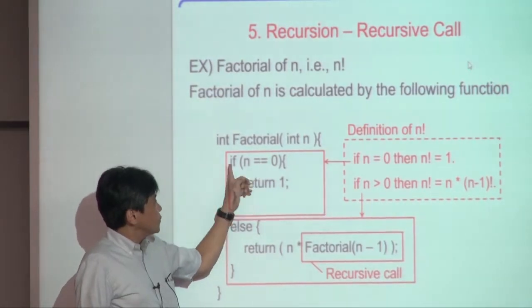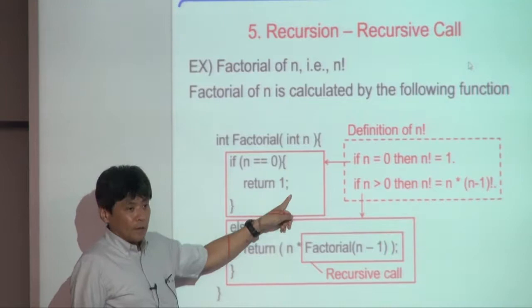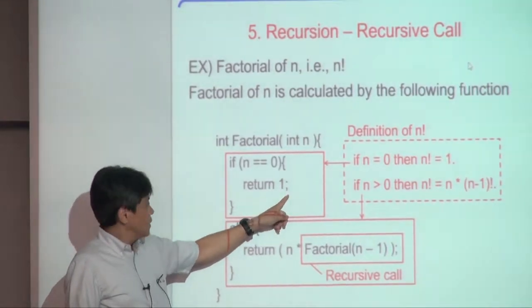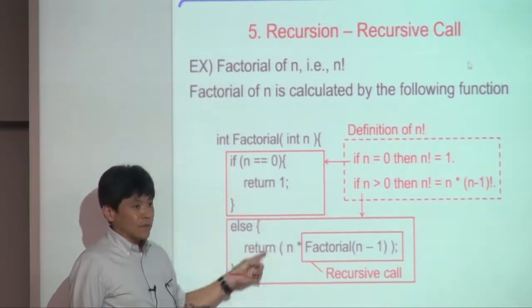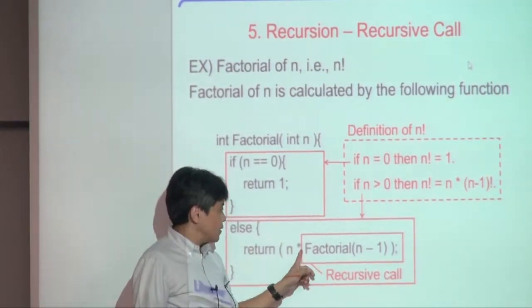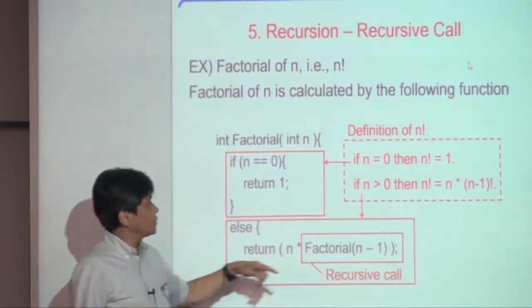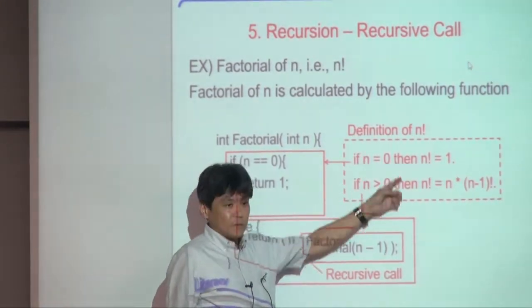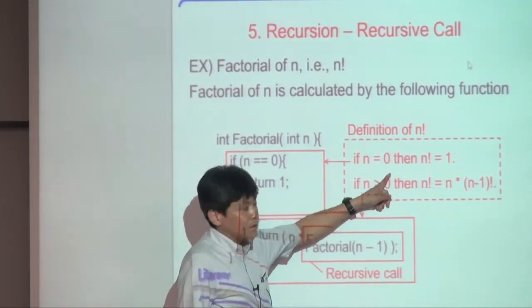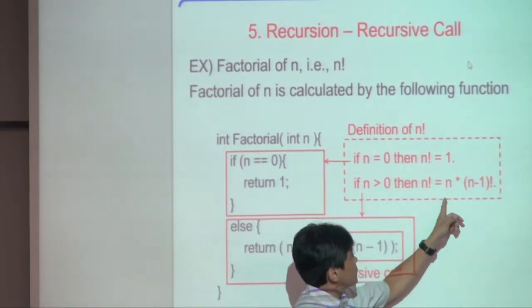If n equals 0, return 1. Otherwise, this function calculates n multiplied by factorial n minus 1. So this is almost the same as the mathematical recursive definitions.